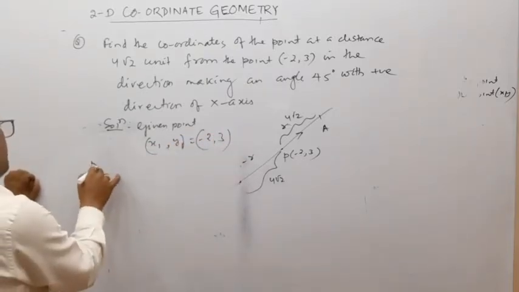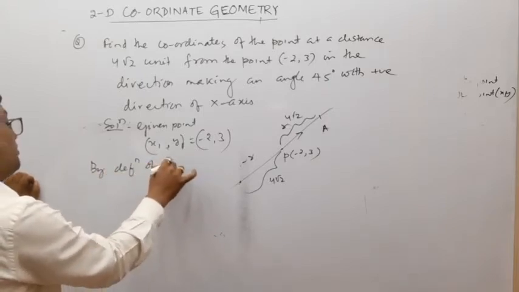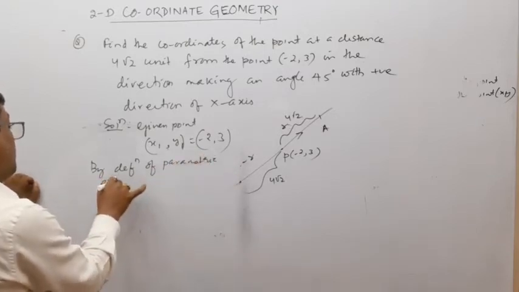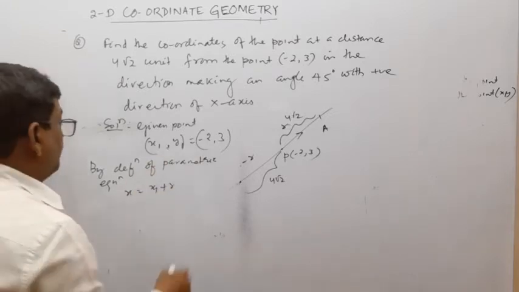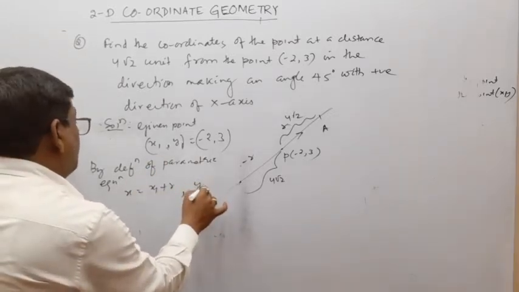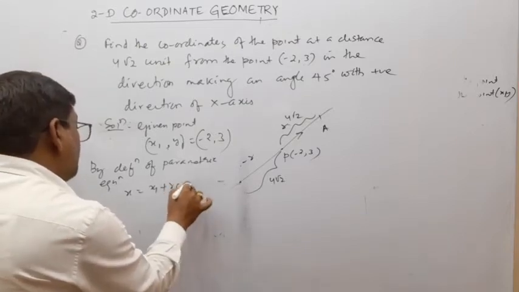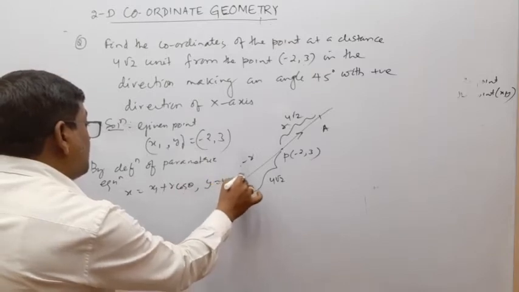By definition of parametric equation, x is equal to x1 plus r cos theta, and y is equal to y1 plus r sin theta.